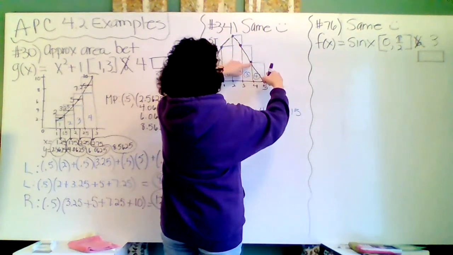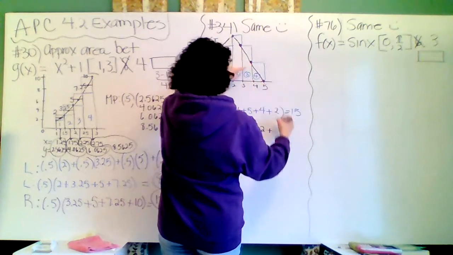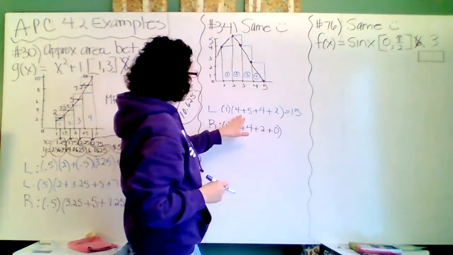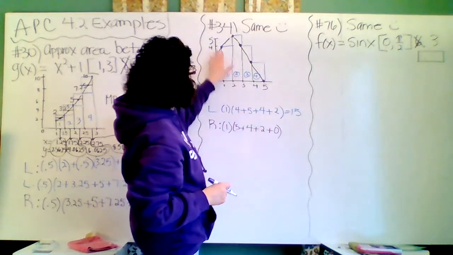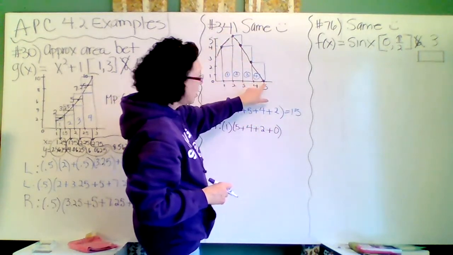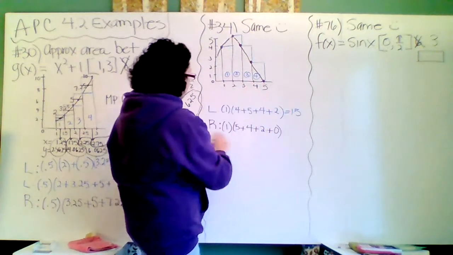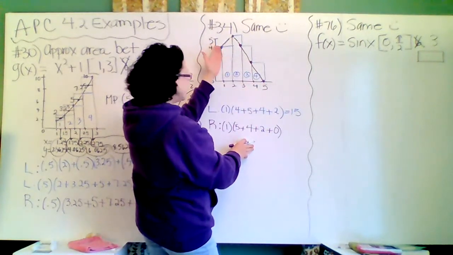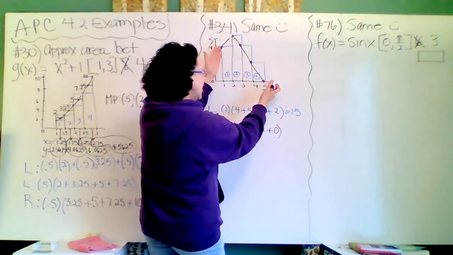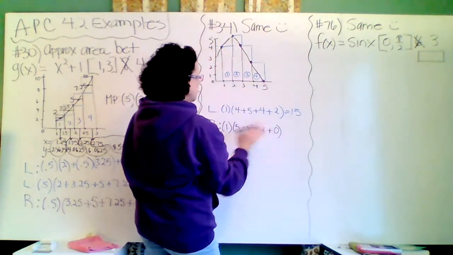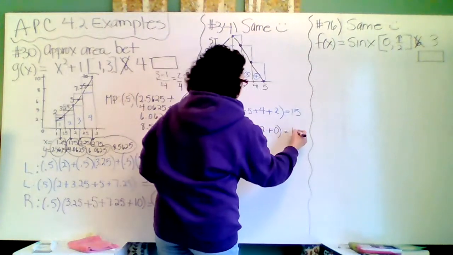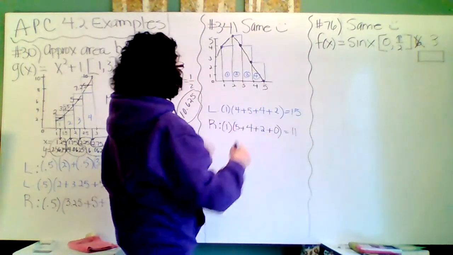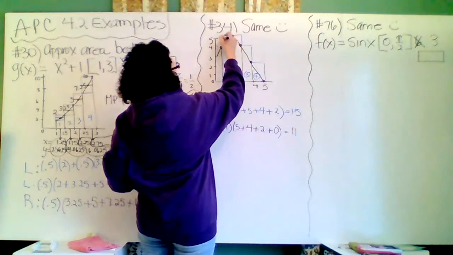Last rectangle, right is 0. So again, I had the left-hand heights for left, 1, 2, 3, and 4, and left off the last right one. For right hand, I left off the leftmost left one and put the height on the right on, right? So just switched everything over a little bit. So notice what I have here is 11. Those purple rectangles look like this.